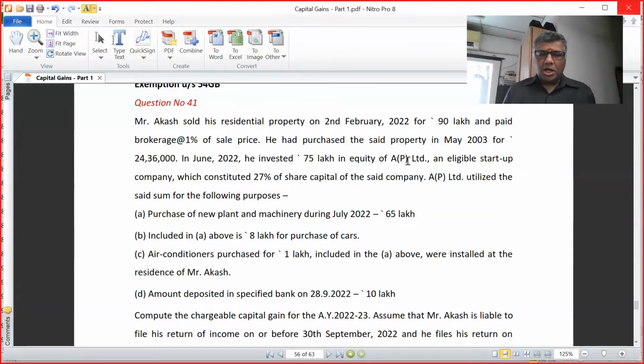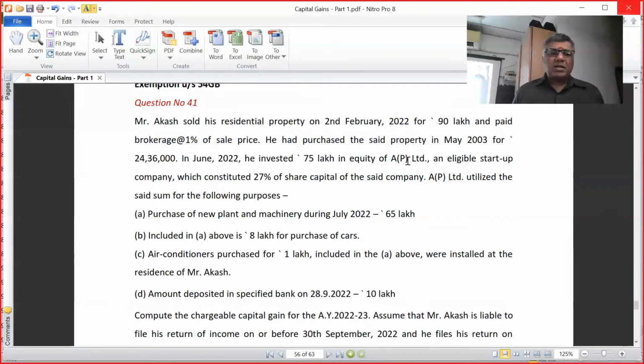Mr. Akash sold his residential property on 2nd Feb for 90 lakhs and paid brokerage of 1% on the sale price. He had purchased the property in May 2003 for 2436. In June 22, he invests 75 lakhs in a private limited, an eligible startup, which constituted 27% of the share capital of the company.